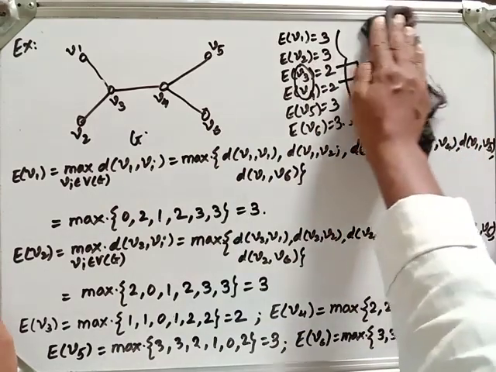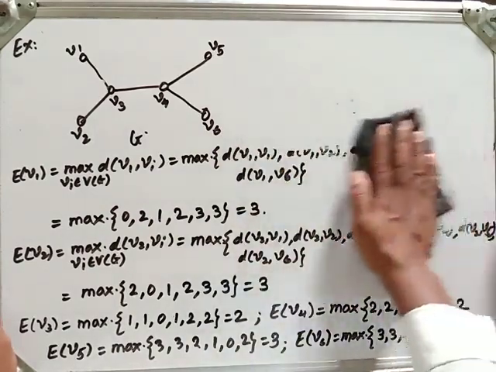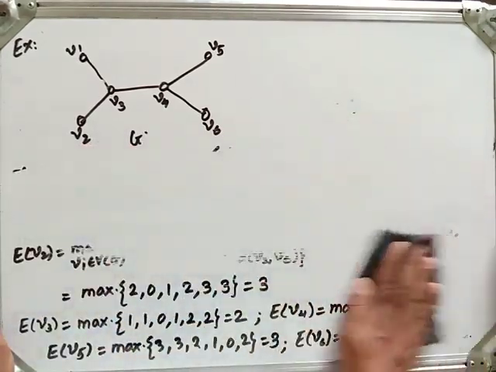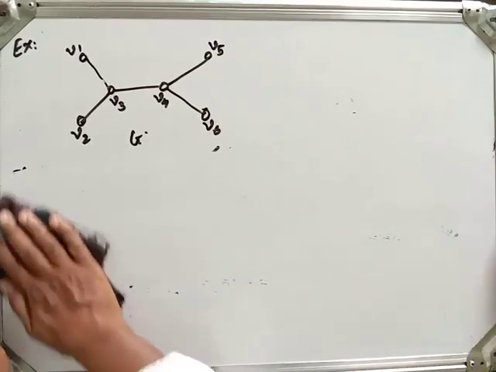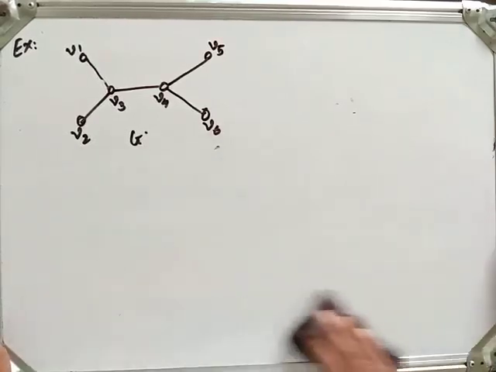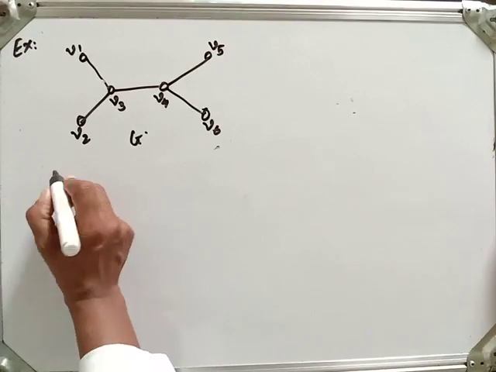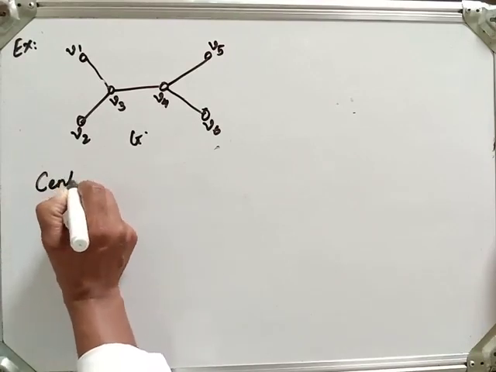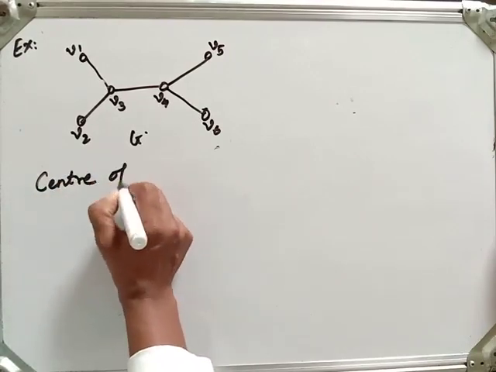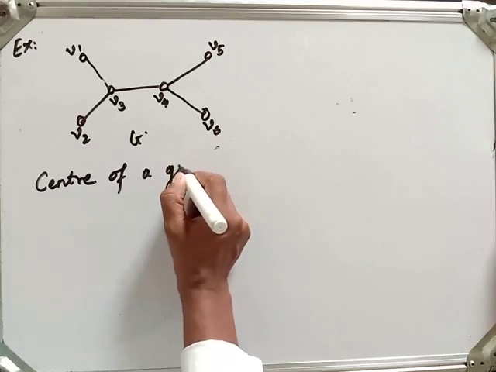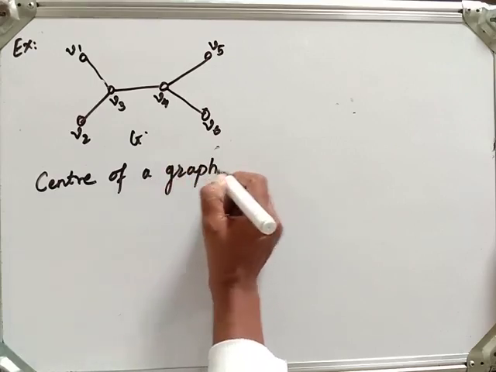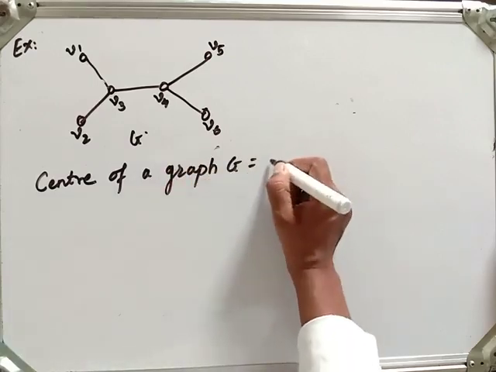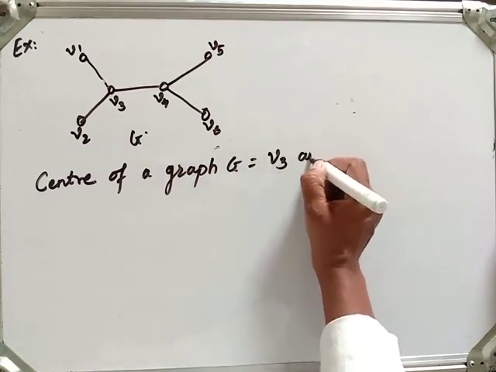So after this we can write here, let me rub this part, that is for your understanding, you can write that down, right? So here I can say for this example, the centers of graph G are V3 and V4.